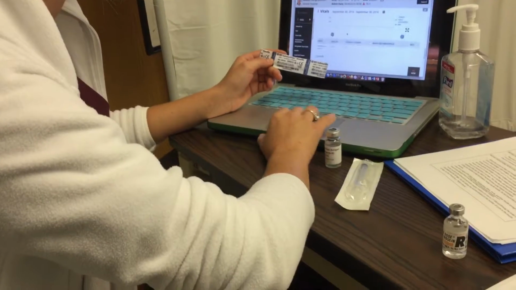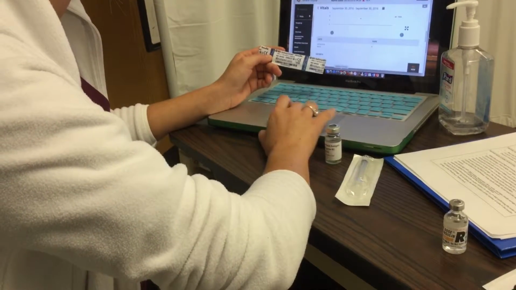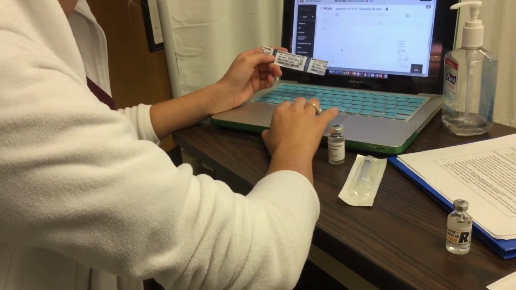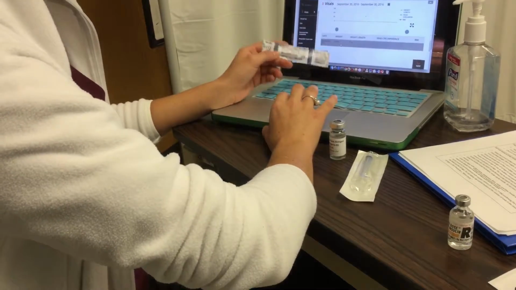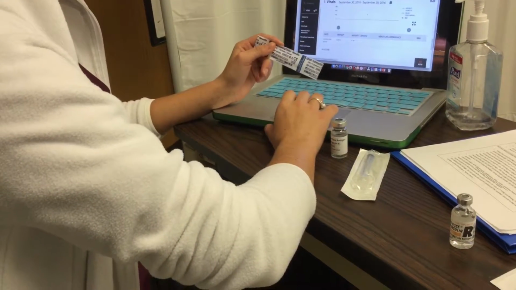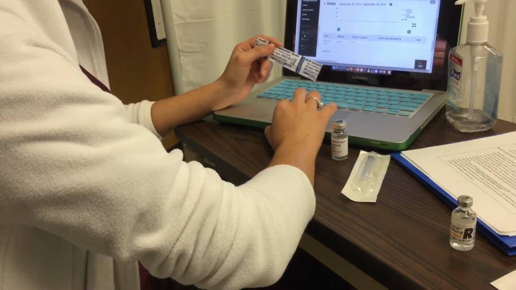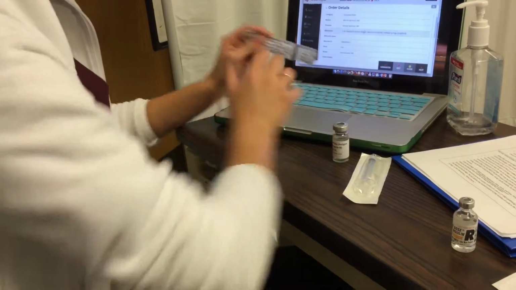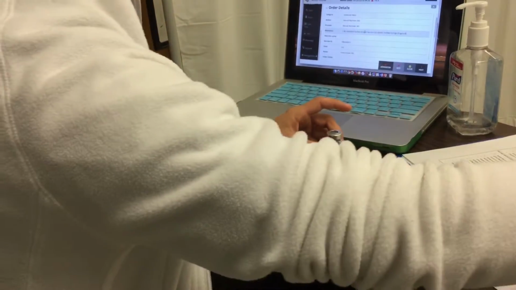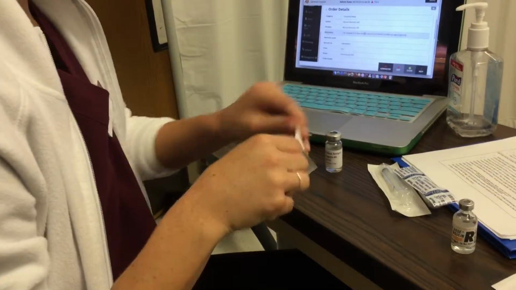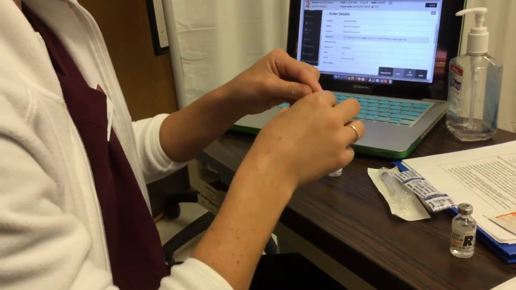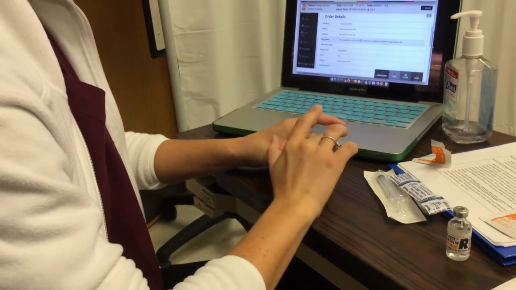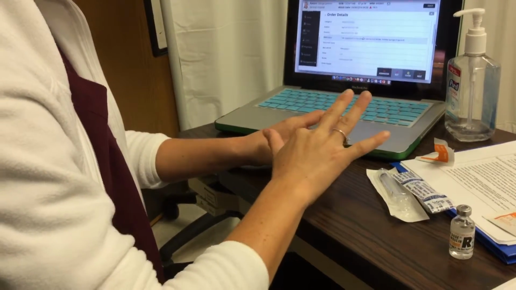My patient weighs 224 pounds, which is why I'm using a 1-inch needle. I'm going to start by cleaning the top of the medication.